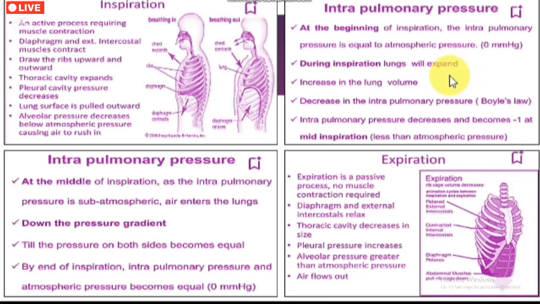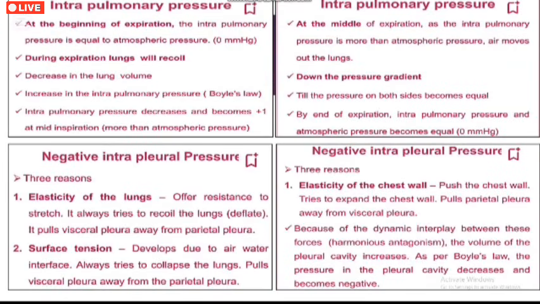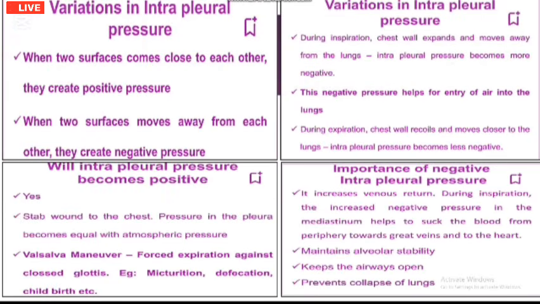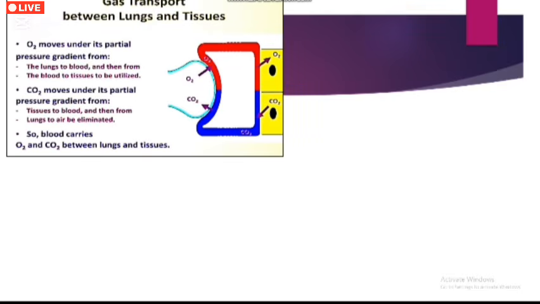So you go home and look at that. I've already discussed all of these mechanisms in the materials that you have, explaining the volume and pressure changes during the respiratory cycle. So, we can now start our lecture for today.